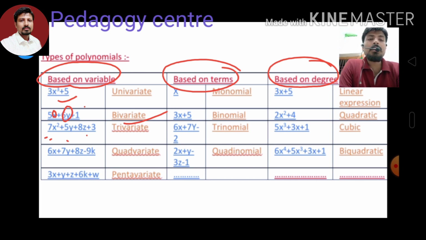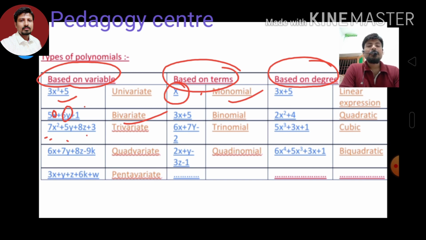Now based on terms, any expression which has only one term is called a monomial. Any one term, whether a variable or a constant, is considered a monomial.